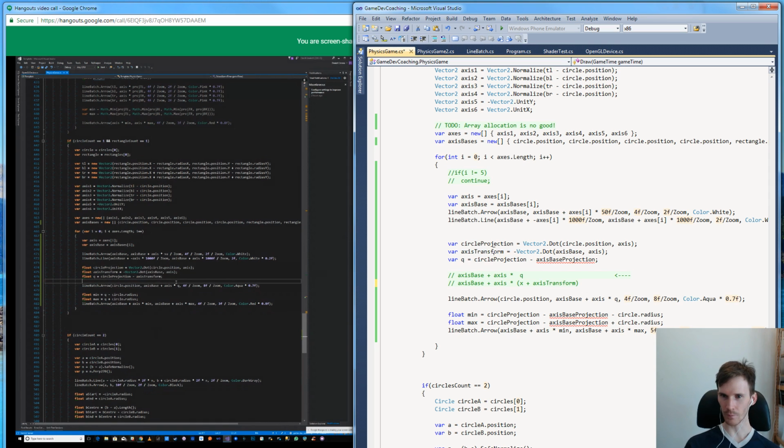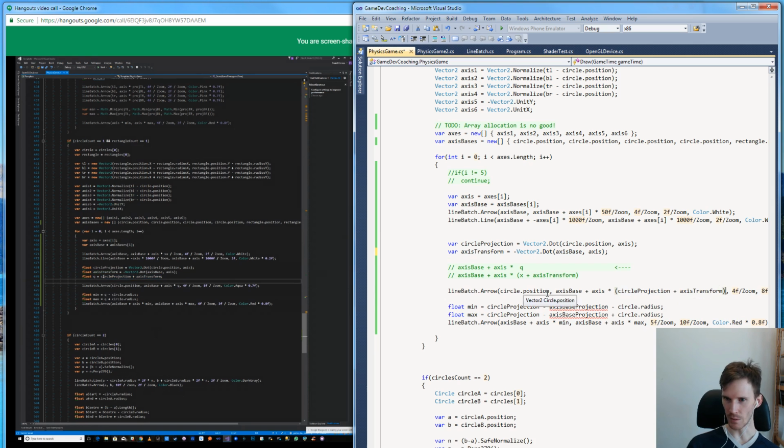Now we have this format of a formula, and what we want as a result is, wait, does q now have to be plus? Yes, although I'm about to get rid of q. So I've added these brackets in here. I've got rid of q, and I'm going to do the same thing down here.